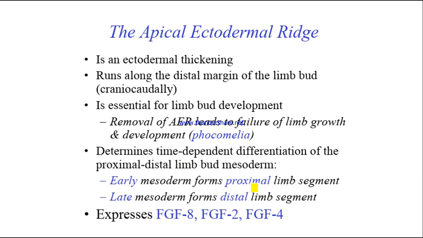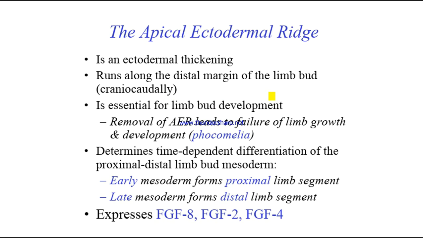The apical ectodermal ridge is an ectodermal thickening, and it runs along the distal margin of the limb bud craniocaudally. It's essential for limb bud development, and removal of the AER leads to failure of limb growth and development of phocomelia.